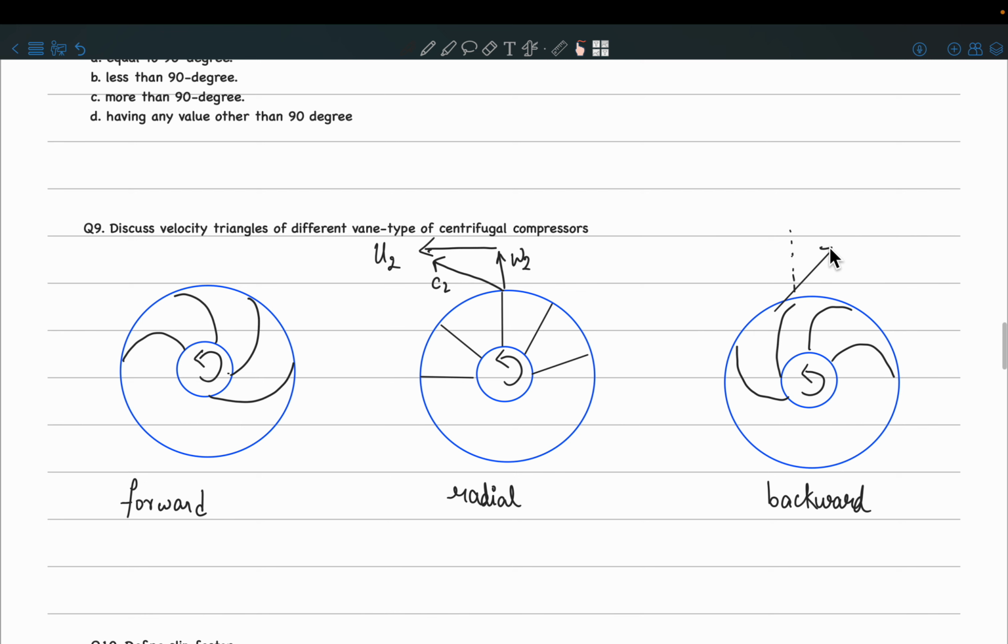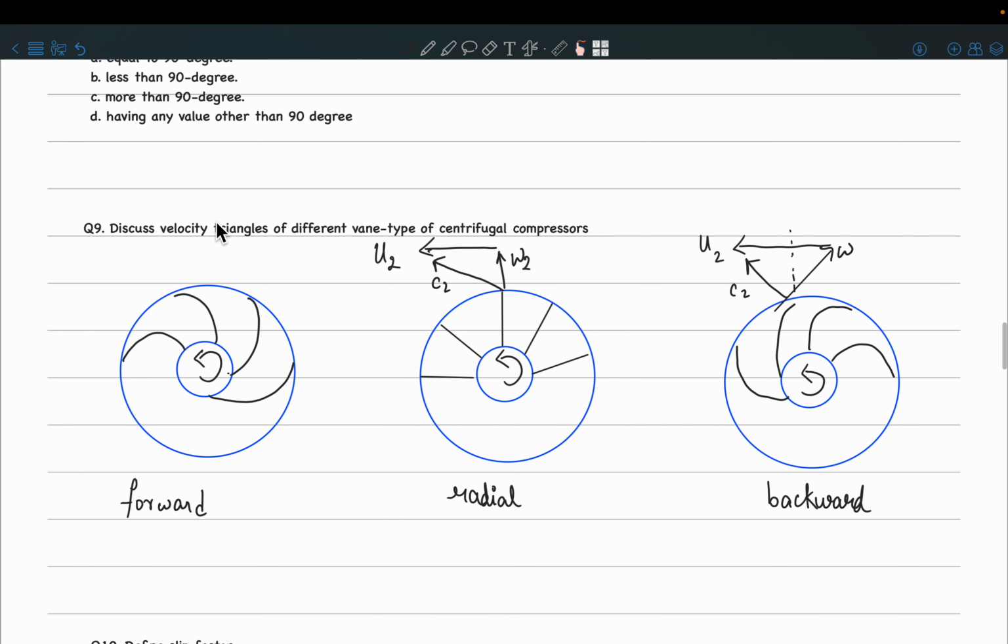Yeah, tangential to the blade, but it is called the radial component. So this is called W. And of course you are still rotating anti-clockwise, so the velocity component U2 is still going to be leftwards like this. That depends on your direction of rotation, right? And then this is your C2.